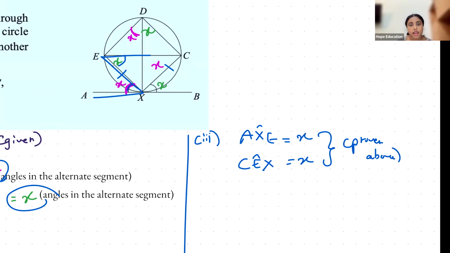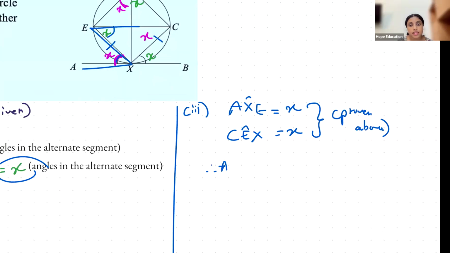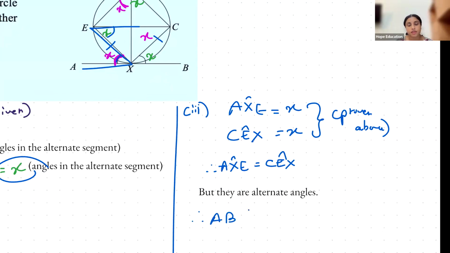Therefore, AXE is equal to CEX. But they are alternate angles. Therefore, AB is parallel to EC. Is that clear, children?